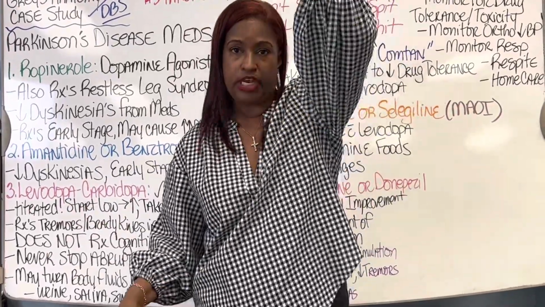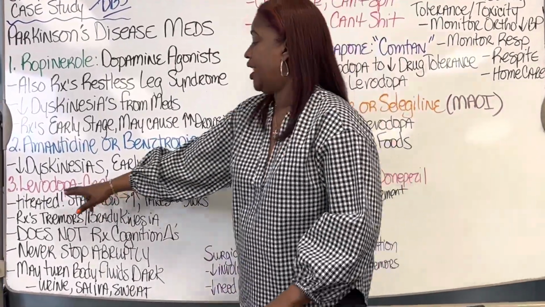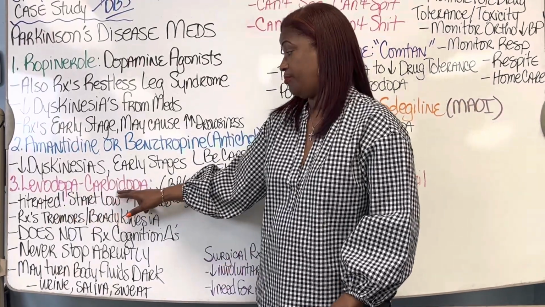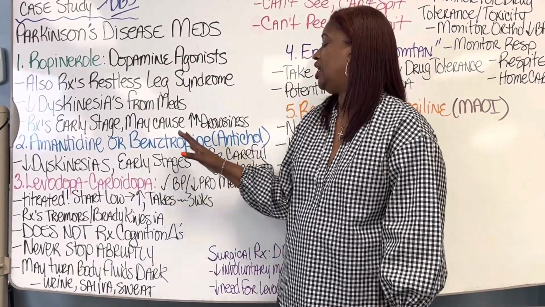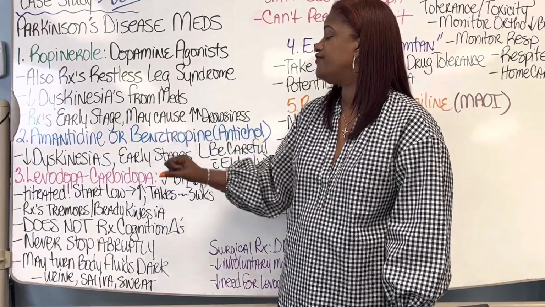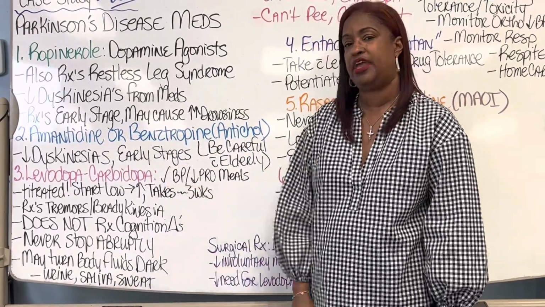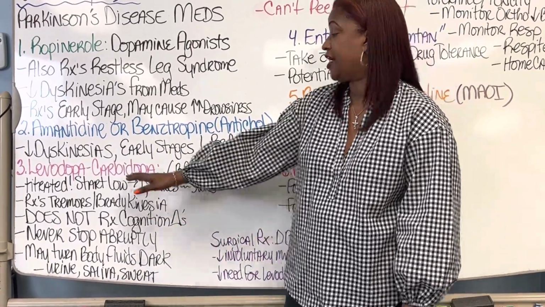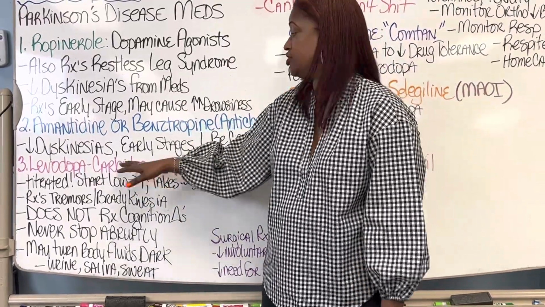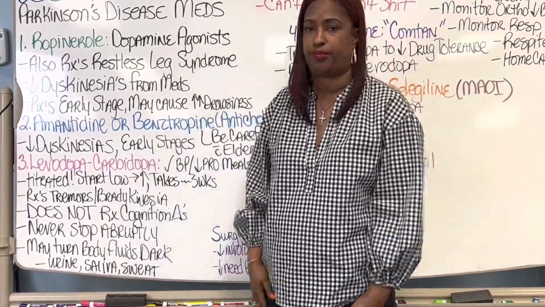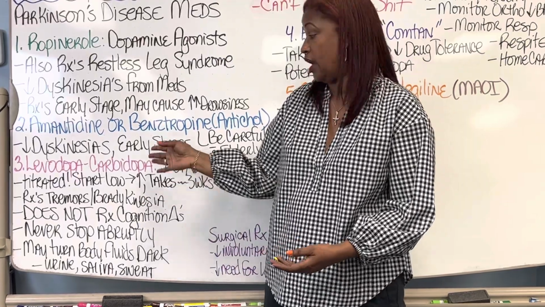Specifically, dopamine is low. Levodopa, carbidopa, Sinemet is literally converted into dopamine in your brain. Your body takes this drug in your brain and converts it to dopamine. It don't get no better than that, but you gotta know a lot about it.